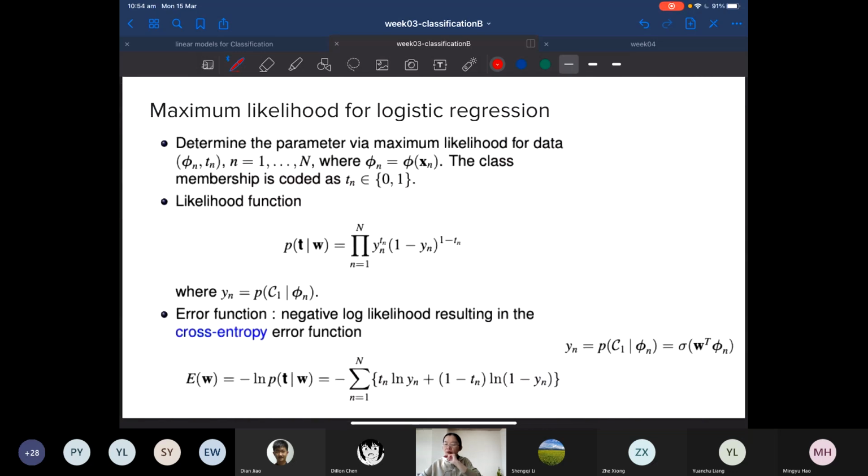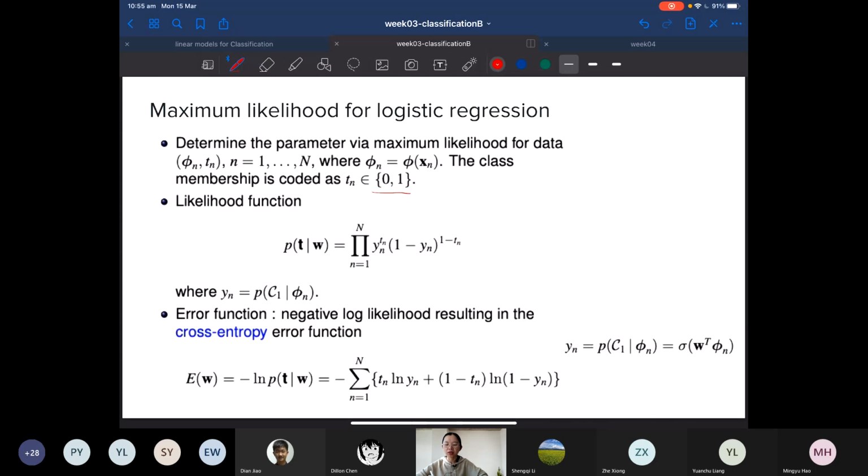Okay, so that's basically our model specification. Moving on to our familiar pattern: how do you specify the model? Now we talk about how do we estimate the model. Again, maximum likelihood. Our data comes in as phi n and tn tuples, where tn is 0 or 1. This is a classification task.